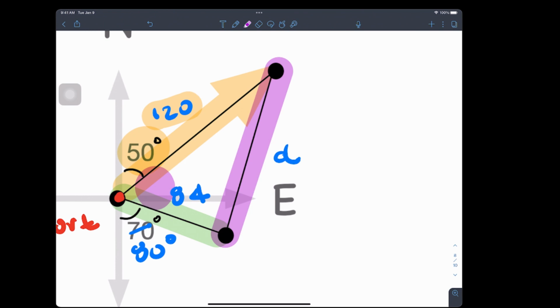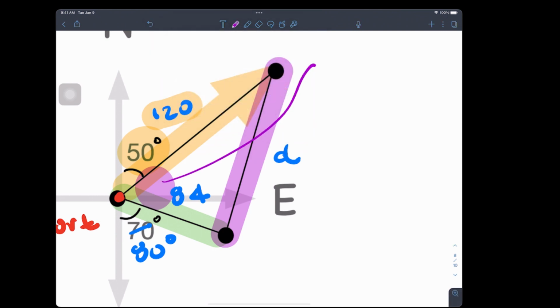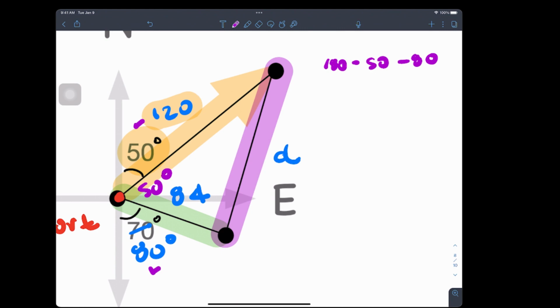A straight line should measure 180. So what I'm saying here is you take 180 minus the 50, this is 50 degrees, and then minus the other 80 degrees. It looks like this angle is 50 degrees, because 180 minus 50 is 130, minus 80 will be another 50.